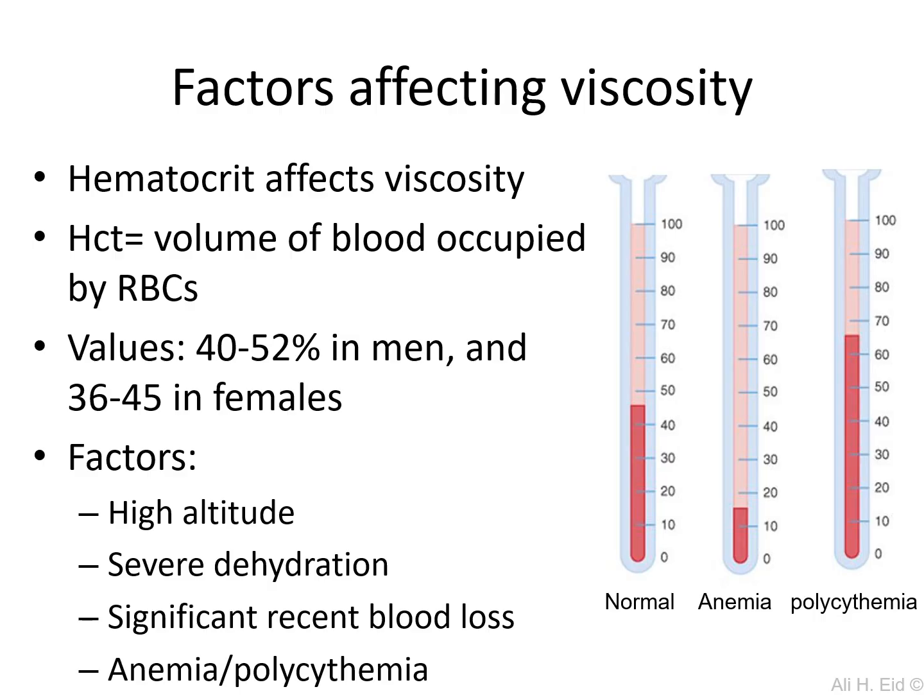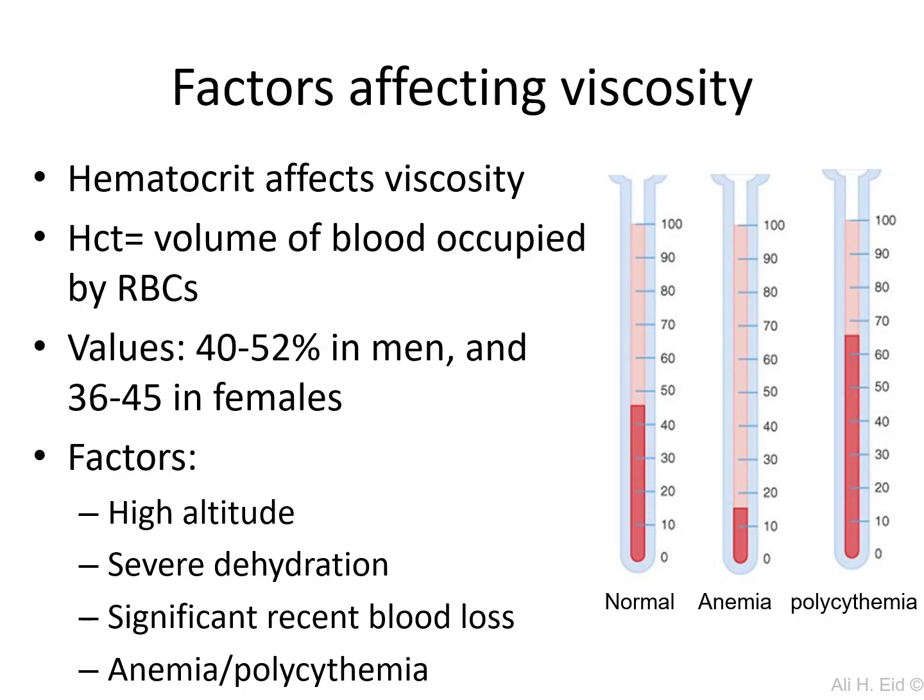So what are the factors that affect viscosity, an important factor that we talked about in the overall resistance and thus blood pressure and flow? One of the factors is hematocrit. Remember, hematocrit is the volume of blood that is occupied by red blood cells. It is usually higher in men owing to the testosterone primarily, so 40 to 52% in men and roughly 36 to 45% in females.